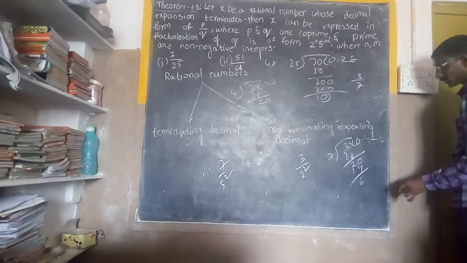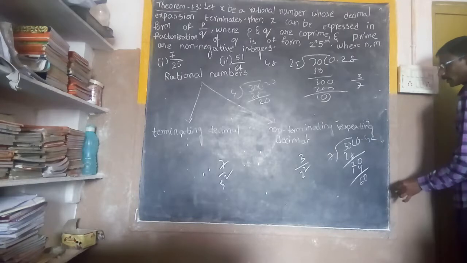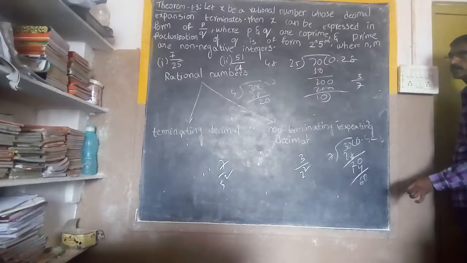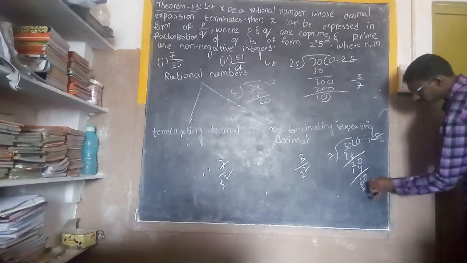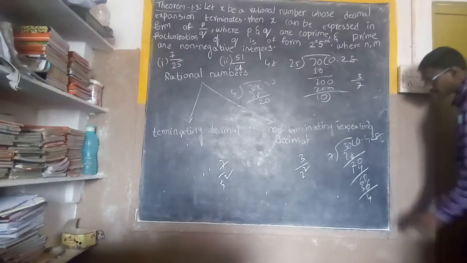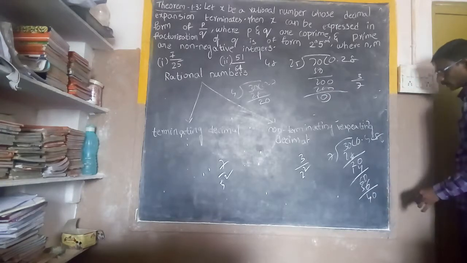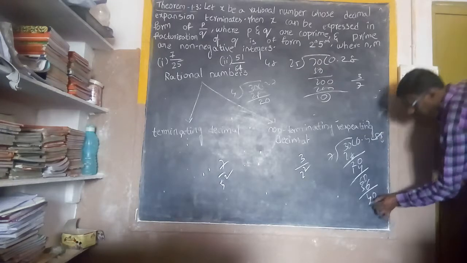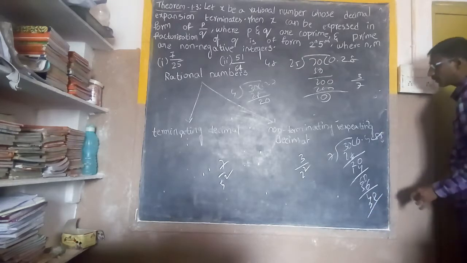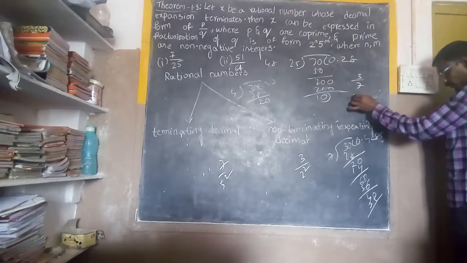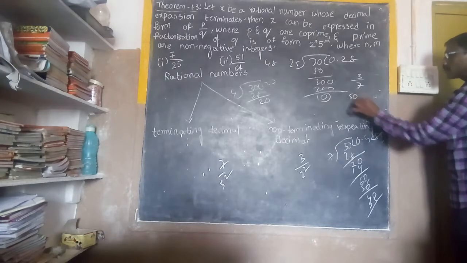Tell me how many times? 0. 7 sevens are 49. 7 eights are 56. Again 4 remainder. 0. 7 fives are 35. Again remainder how much? 5. Keep 0 again.